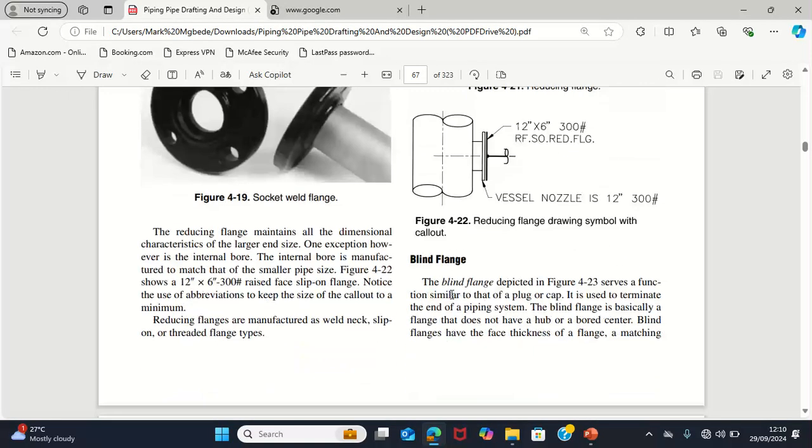So what about the blind flange? Like I said the other time, I discussed cap, how a cap is used to end a line. Now, a blind flange is used in a similar way to end the line or to terminate a piping system, but it is basically used to terminate a piping system temporarily.